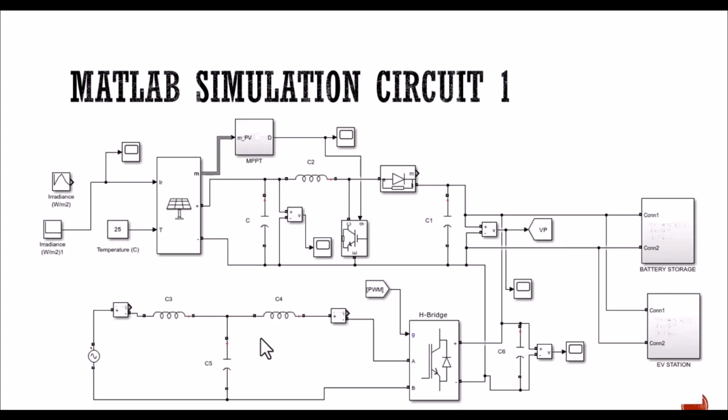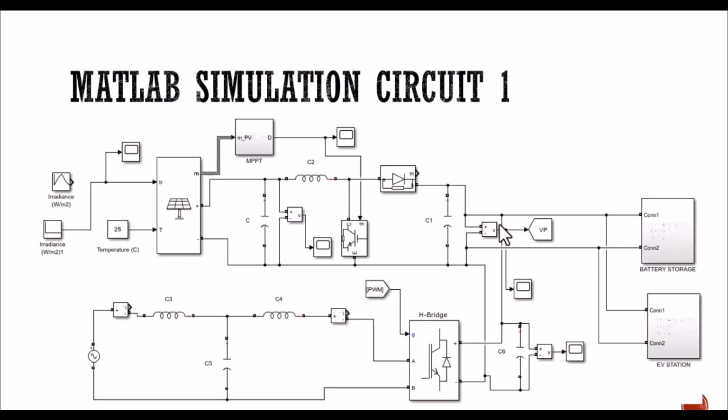The grid is connected at the other side, where the LCL filter is also used for filtering, and the H bridge is converting the single phase grid voltage to DC output voltage.